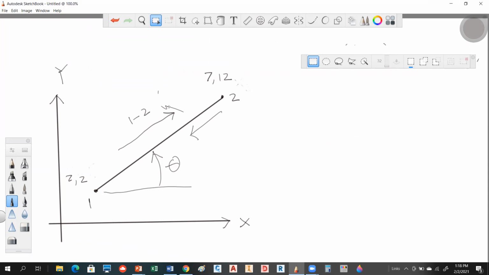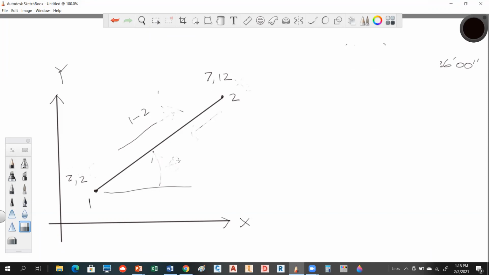Okay, so this time, let's assume we'll use 1 and 2 again, but we're going to actually do it as a surveying application. So what you're going to do in surveying, you're going to use latitude and departure. Okay.